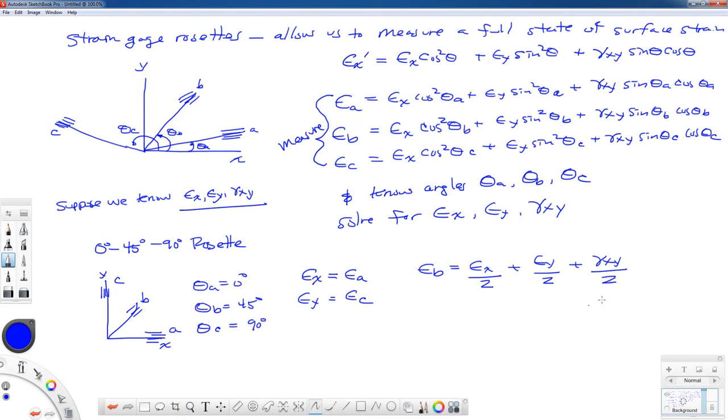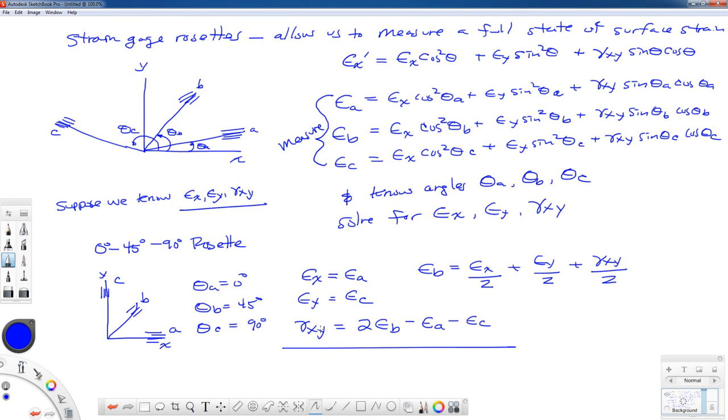If I solve for gamma xy, I'm going to multiply everything by 2. I'll have twice the middle gauge reading minus epsilon x and epsilon y, but since I know those are epsilon A and epsilon C, I'm going to have 2 epsilon B minus epsilon A minus epsilon C. And these three equations are the 0, 45, 90 degree strain gauge rosette equations.